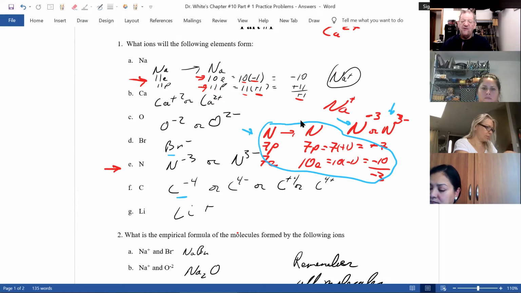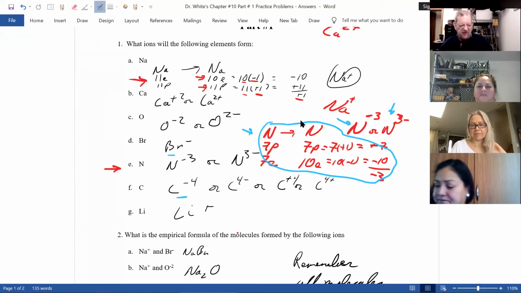Now, would you like me to do another one? I see a couple people. Anyone have a favorite from what's left? C, D, or you can pick one from the periodic table from the alkali metals, alkaline earth metals. Let's do F. Oh, my favorite, carbon.